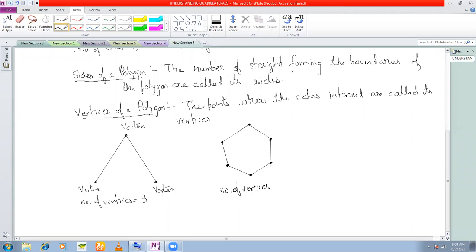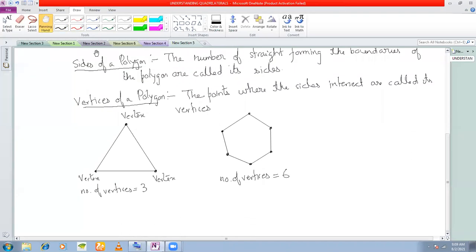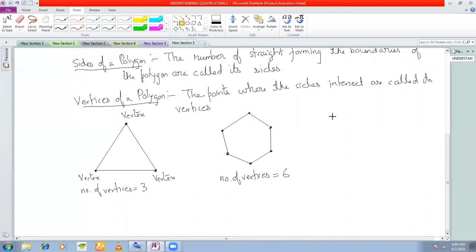So number of vertices is 6 for this. Okay. How many vertices does a rectangle have? Rectangle has 4 vertices.